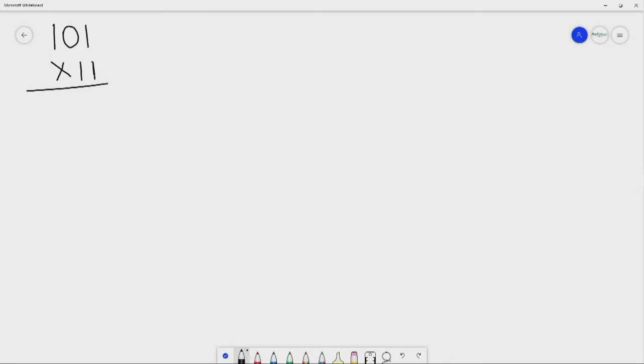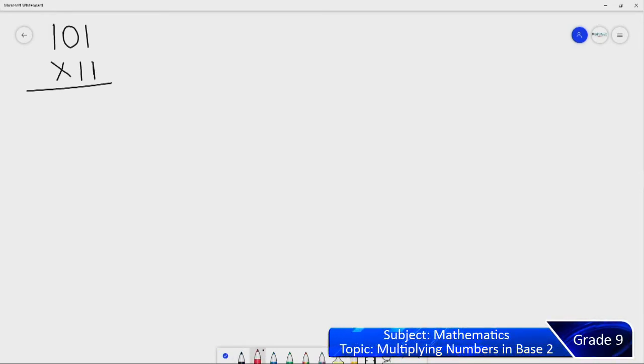Now, as I mentioned earlier, regardless of which base we're multiplying in, we just multiply as per normal. So we're going to multiply 101 by 11. As usual, when we're multiplying, we start with the digit that is furthest to the right, so in this case, we're going to start with 1. 1 multiplied by 1 gives us 1. 1 multiplied by 0 gives us 0.